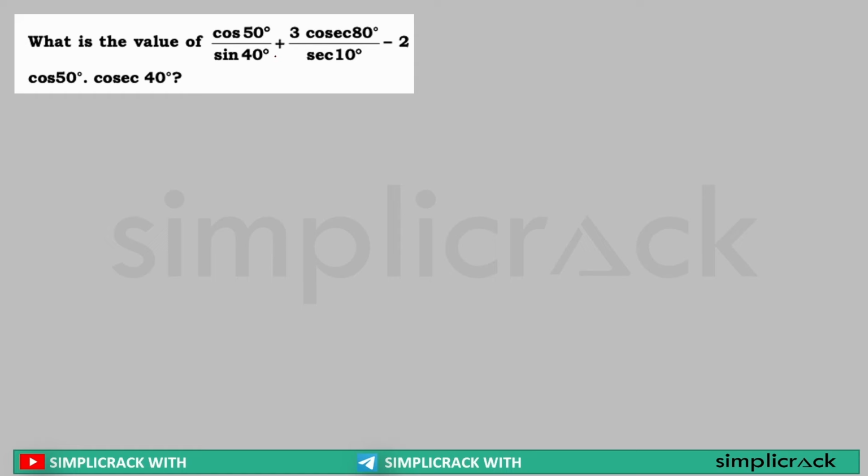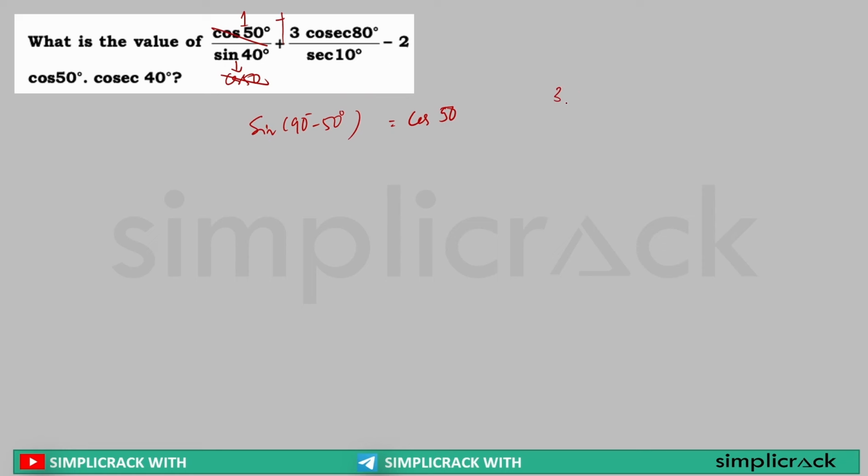Now understand. Sin 40 can be written as sin 90 degree minus 50. So 90 degree minus 50 can also be written as cos 50. So here it is equal to cos 50. Cos 50 is crossed out. So this is 1 plus cosec 80 sec 10. What is written? Cosec 80 sec 10.